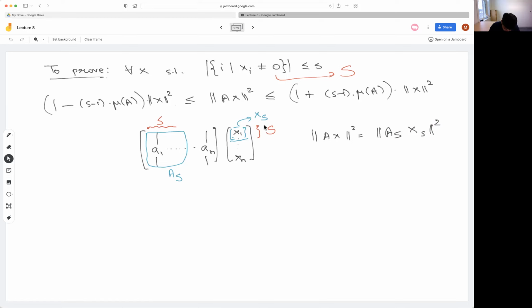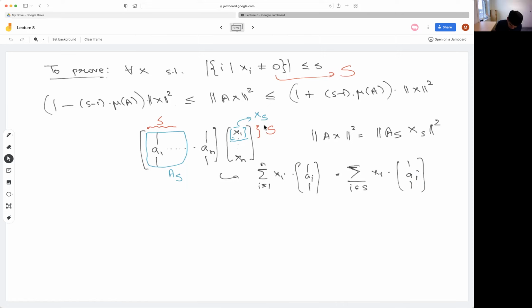If you remember how matrix vector multiplication works, this is just the summation of xi times the column vector ai. And since the entries outside the set capital S are zero, this is equivalently the summation over i in S of xi times ai. So the norms for A times X and A sub S times X sub S are the same.